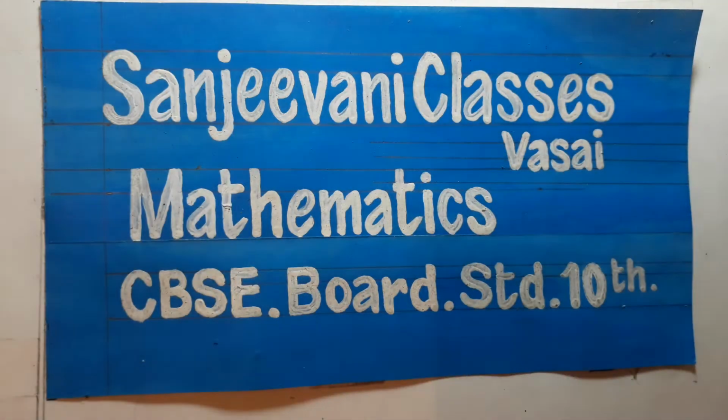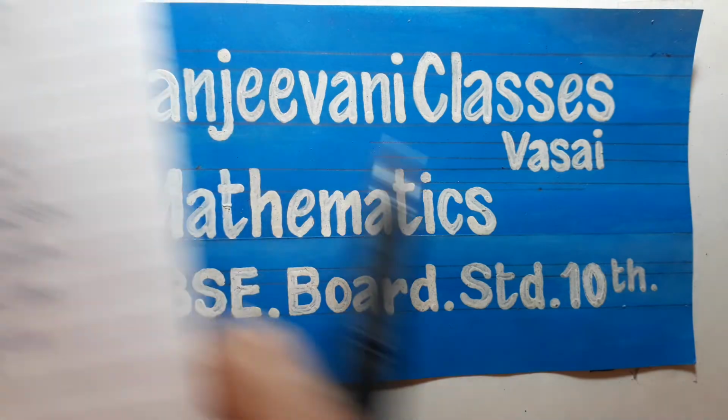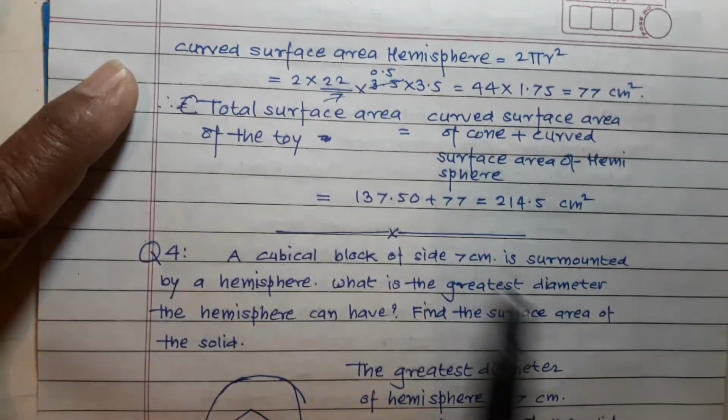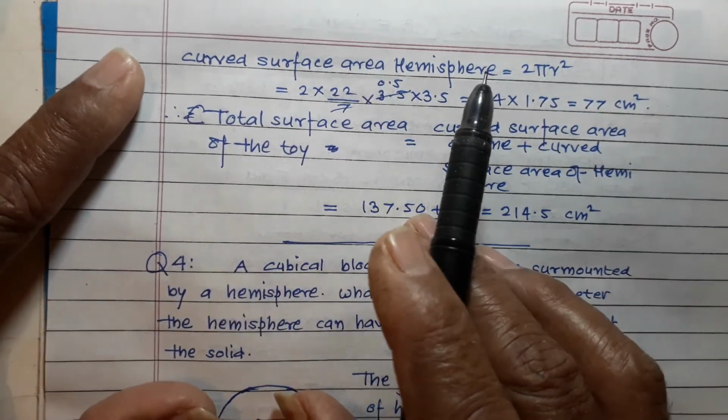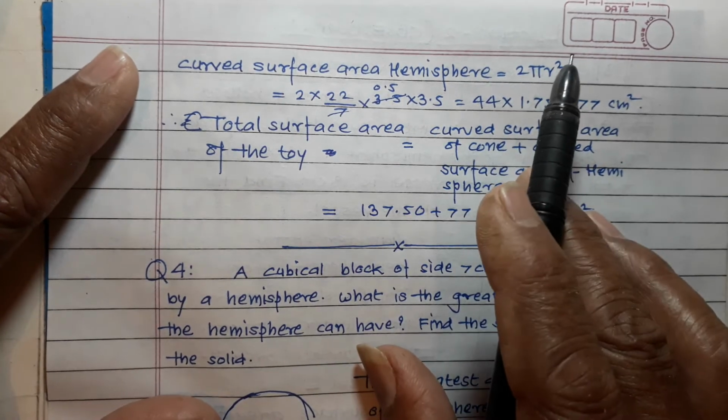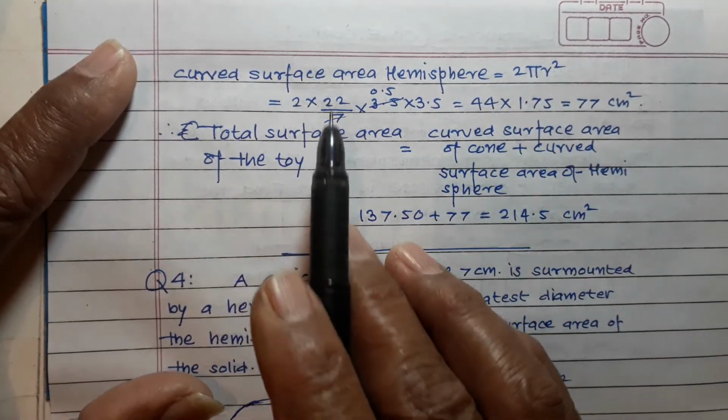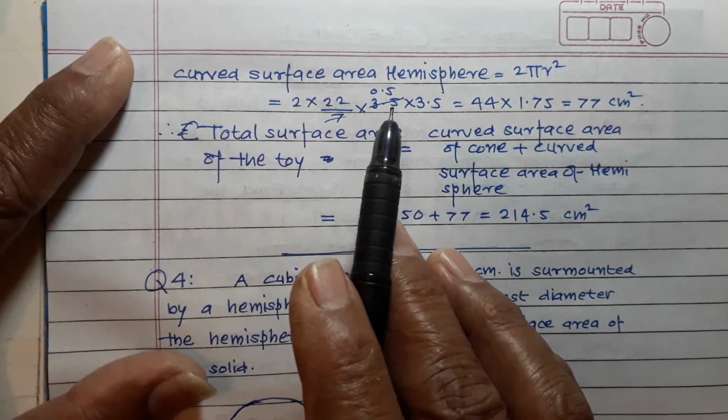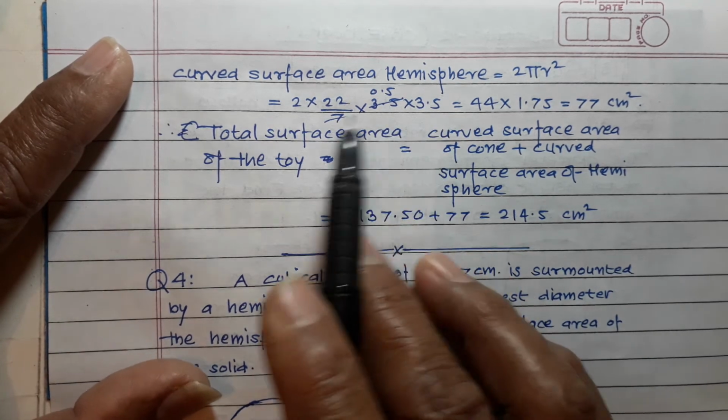Then find the curved surface area of the hemisphere. So curved surface area of the hemisphere is equal to 2 pi r square. So 2 into 22 upon 7 into 3.5 into 3.5.